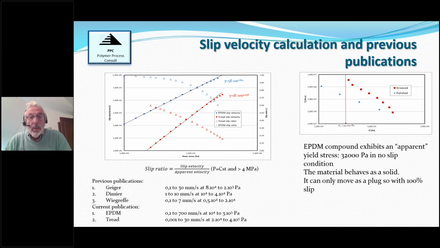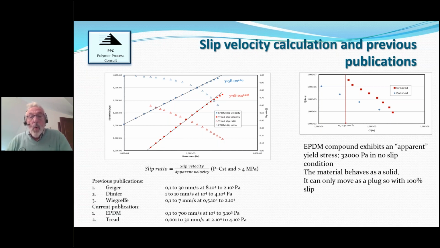What is also interesting is that the slip ratio, which is the slip velocity divided by the apparent velocity, is actually decreasing when we increase shear rate and shear stress. And in the case of the EPDM, we can see that we reach almost 100% slip.